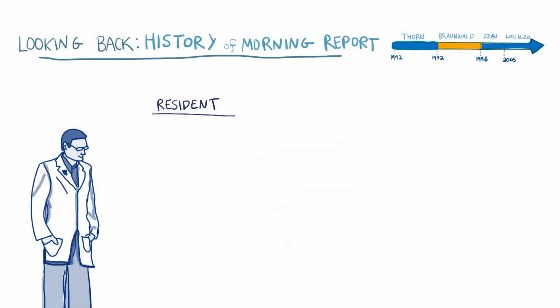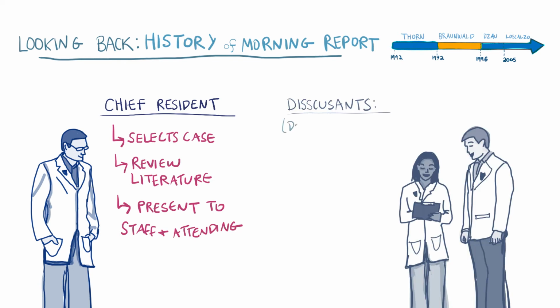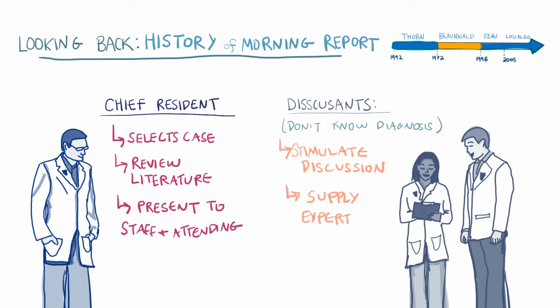The residents, or usually the chief resident, would select a case, review the literature, and then present it in bits to the house staff and the faculty attending. The discussant, who was not given the diagnosis prior to the session, was asked to stimulate discussion of the case and eventually, if appropriate, to supply his expertise.